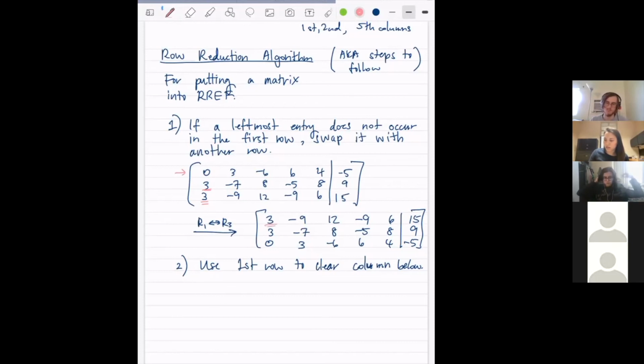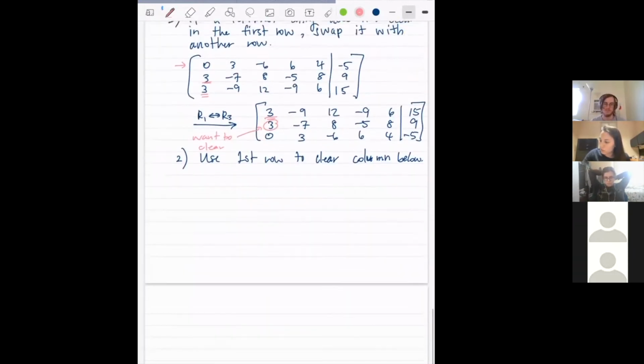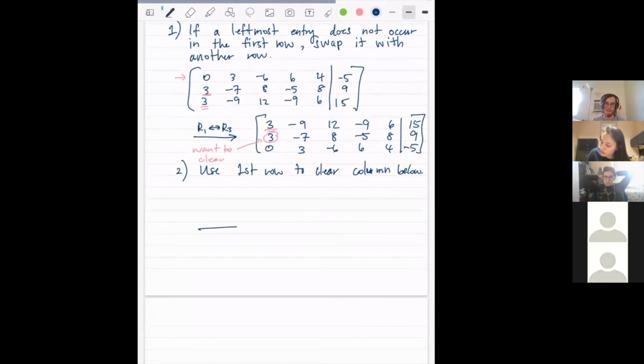So this is the leading entry you're focusing on, and you want to clear this 3 right here that's sitting beneath it, right? Okay, so what we can do is replace row 2 with row 2 minus row 1. And then we'll get those 3's to cancel, right?